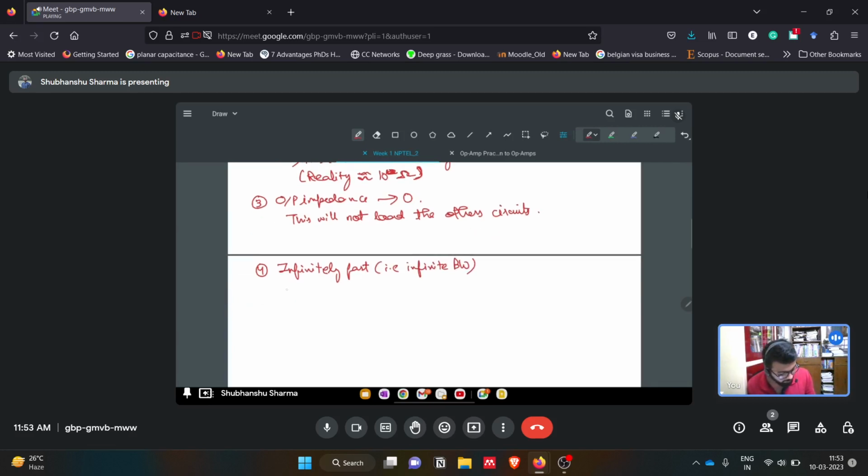But in practical cases, it depends. They can have, I think, 1 megahertz of bandwidth, or even greater bandwidths up to 4 to 5 megahertz, and they can have lower bandwidths also, like up to 100 kilohertz or something. So this bandwidth varies practically.